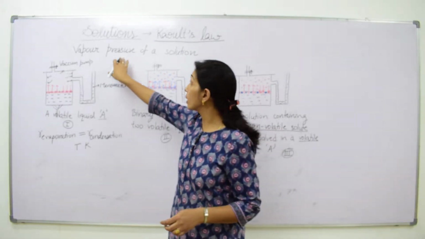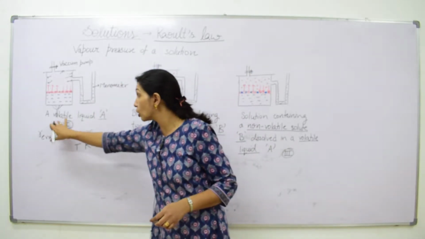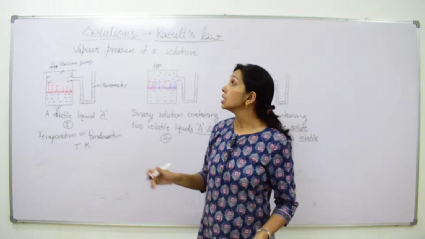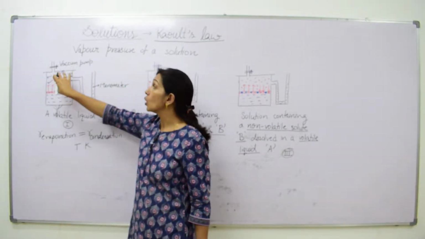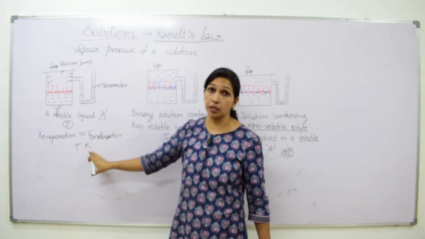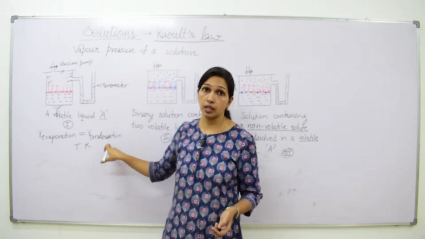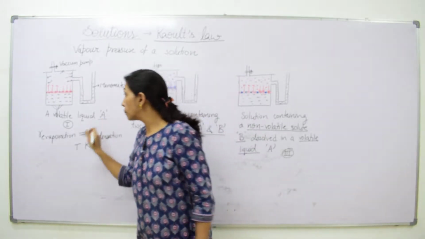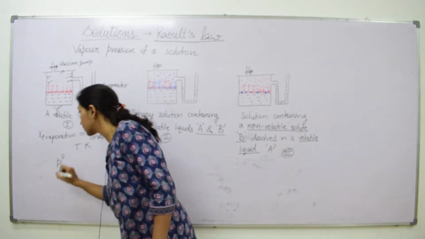So, we can define the vapor pressure of a liquid as the pressure exerted by the vapor phase of a volatile liquid at a definite temperature at the stage of equilibrium. For example, the liquid A has vapor pressure PA naught.